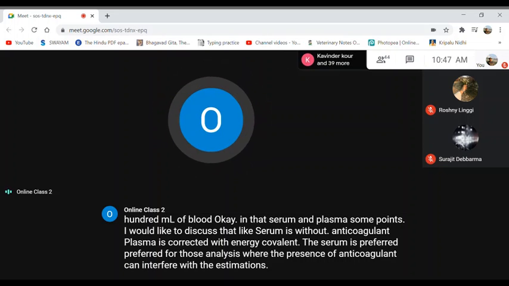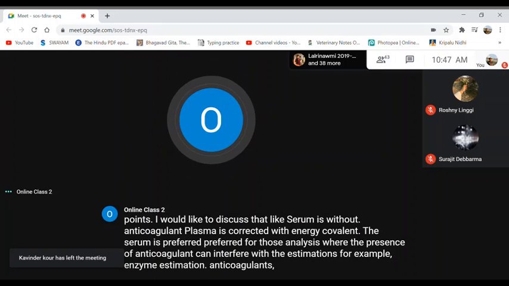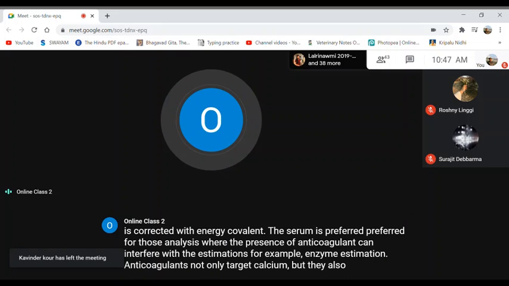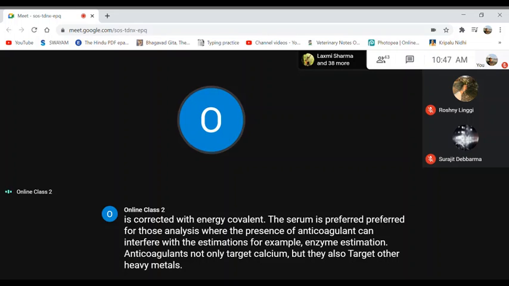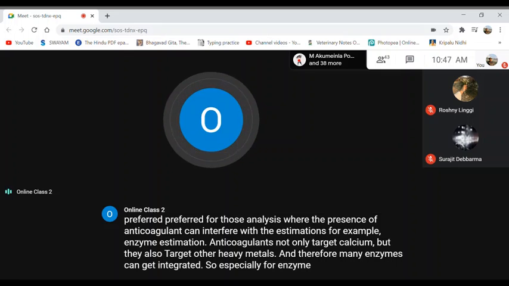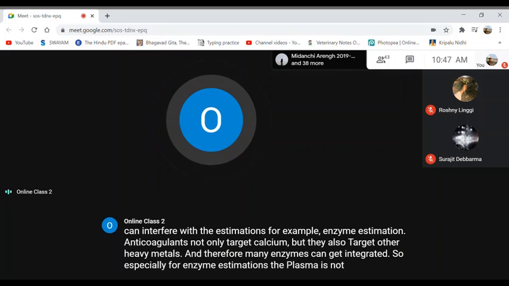For example, enzyme estimation. Anticoagulants not only target calcium, but also other heavy metals, and therefore many enzymes can get inhibited. So, especially for enzyme estimations, plasma is not preferred, instead serum is preferred.